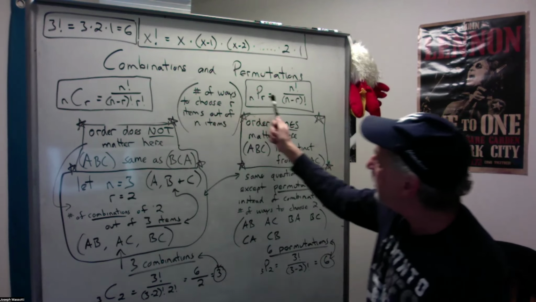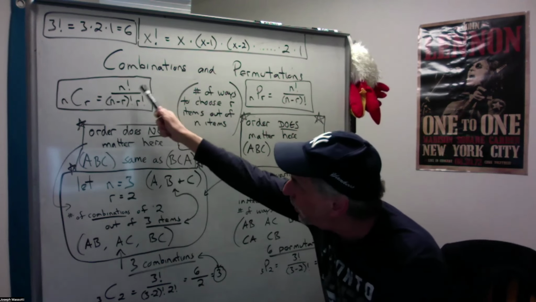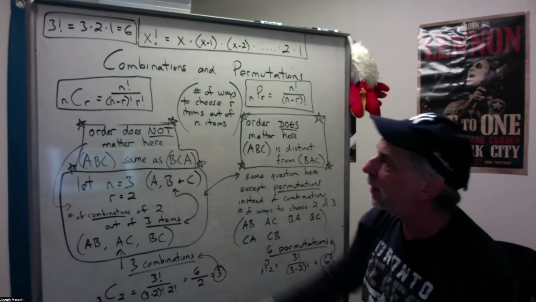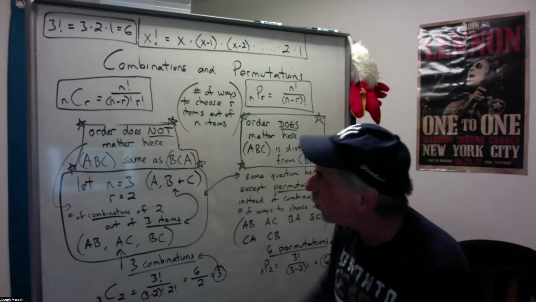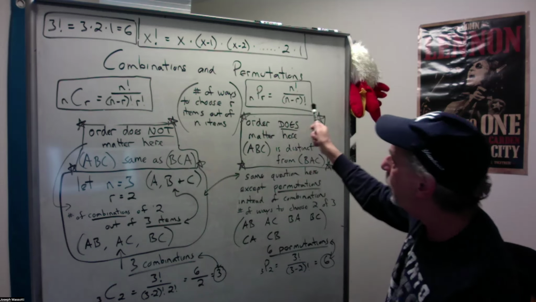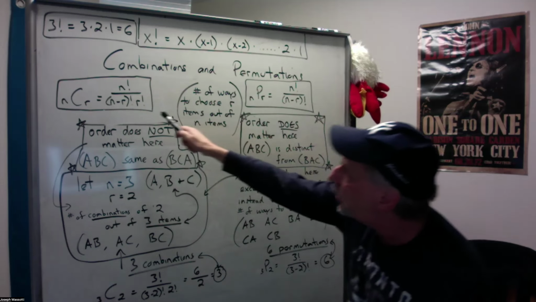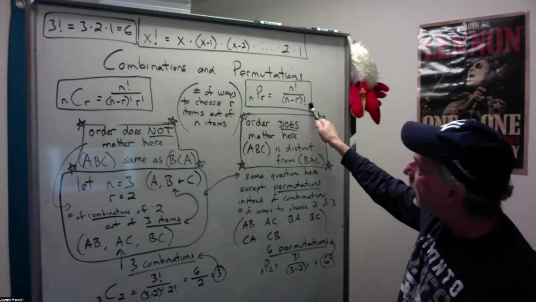So they're very similar formulas. For a combination, we see this formula: the n factorial in the numerator, and the difference between n and r, that factorial, times the r factorial in the denominator. Notice the only difference here is that we're not including that r factorial in the denominator for the permutation.